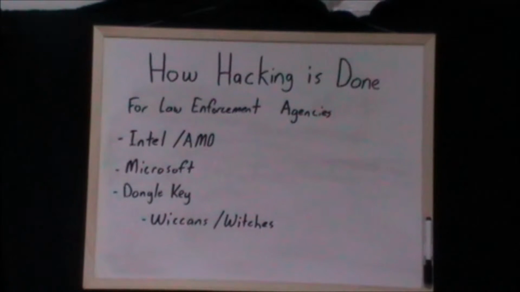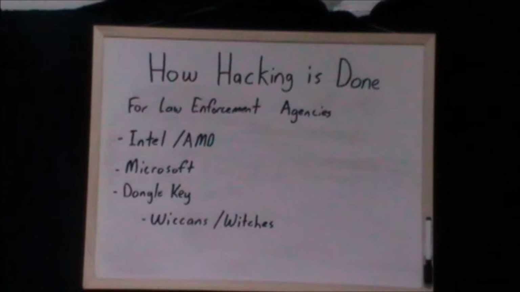Activation of the backdoor is done through a dongle key. So the people who use these are Wiccans and witches. So when people refer to a dark net, it is through use of the dongle key. That is how they access this dark net.